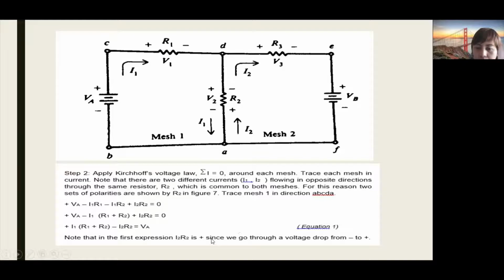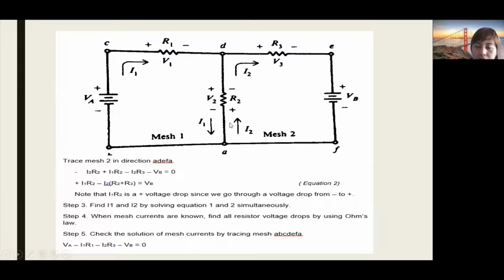So that's why it's positive. Again, do not be confused, we're talking of the A, B, C, D. So here, it's opposite. So we're talking here of A, D, E, F, A.